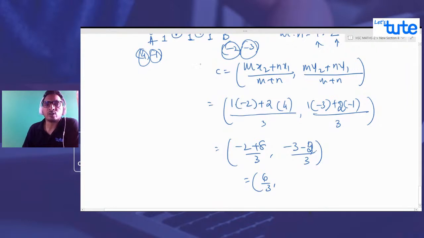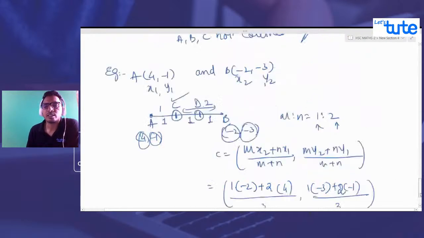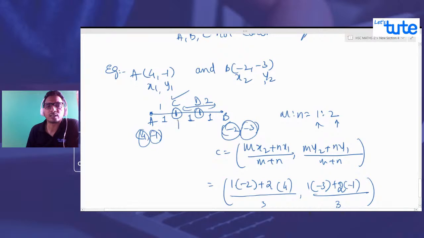Because m is 1, 1 multiplied by y2, which is -3, and n is 2, so 2 multiplied by -1 is -2. So it should be -5 upon 3. That gives us 2 comma -5 upon 3. Okay, so this is C. But now we want the point D as well.